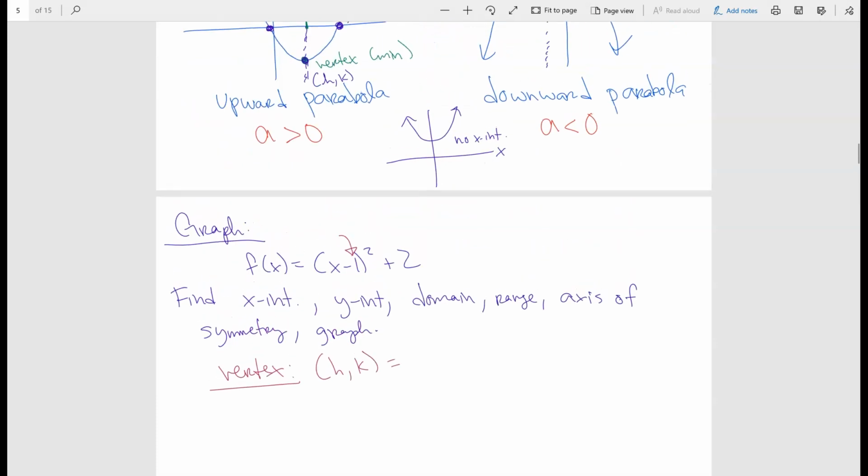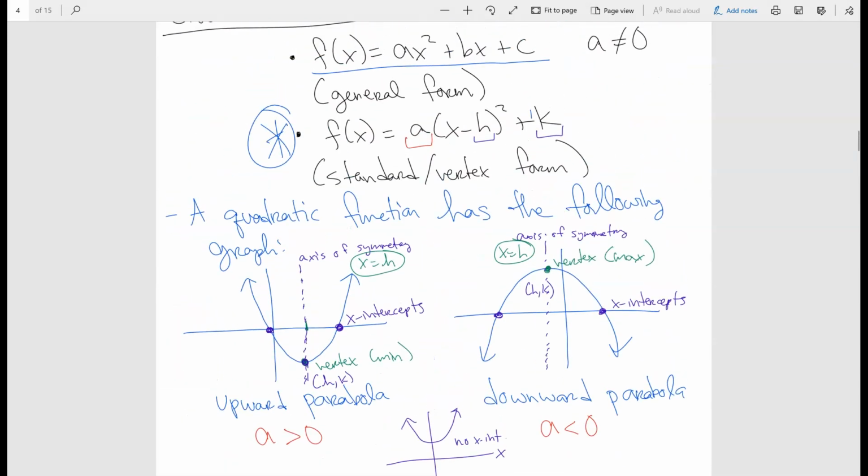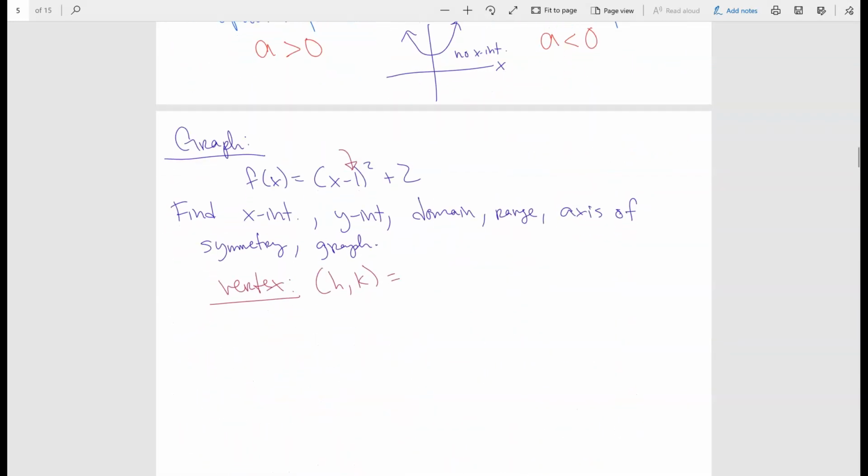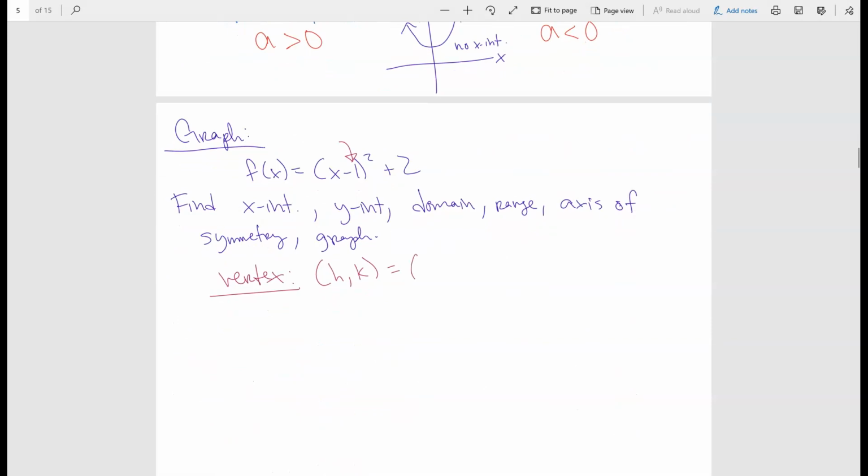And we have to be sure, because if the vertex is at h, k, this h is basically the opposite sign of this guy. So if this is minus h, the vertex is going to be at positive h. If it was a plus h, it will be at negative h. So in this case, this is negative 1, so h is going to be 1. My k is going to be this number, which is 2. So the vertex is at 1, 2.